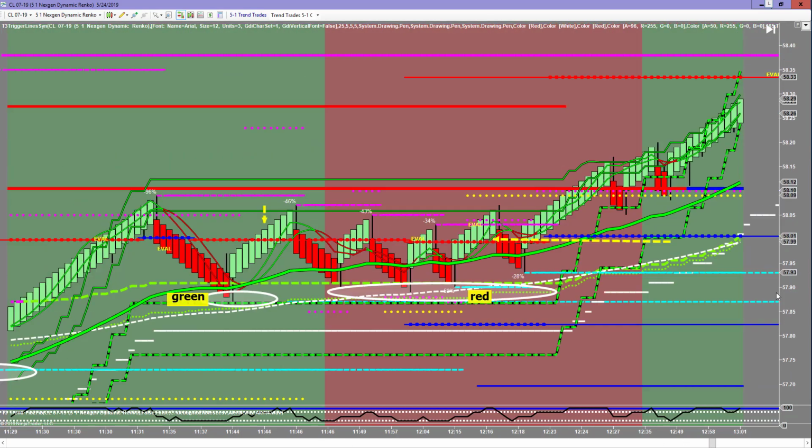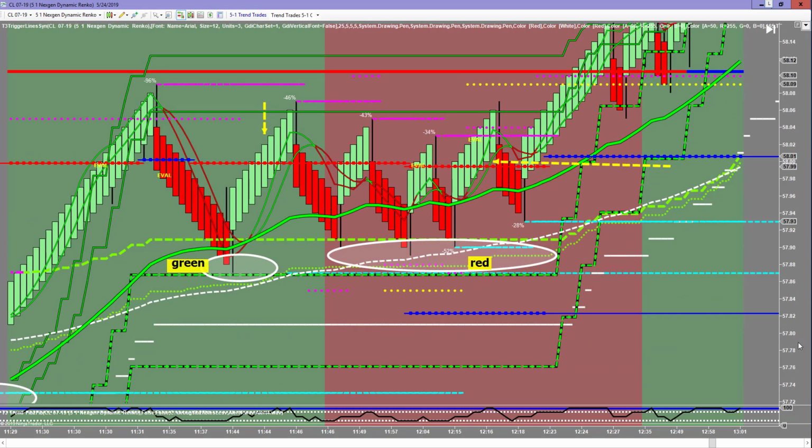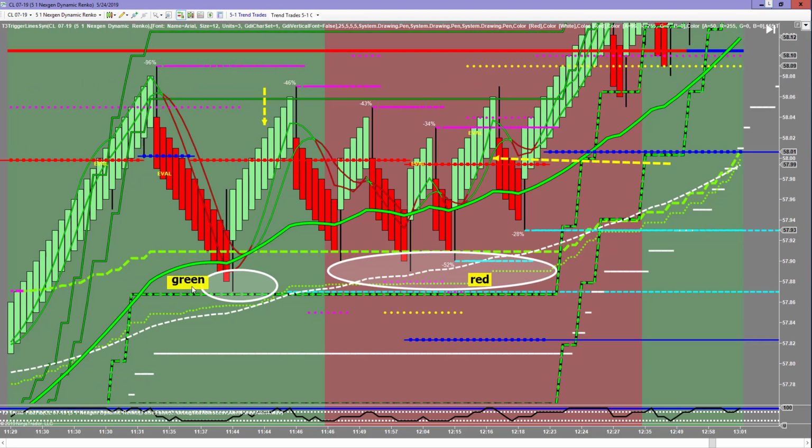You're going to have a trend trade look, and the background color is going to be green when the 8-2 triggers are favorable, and the background color is going to be red when the 8-2 triggers are not favorable. Does that make sense to everybody?